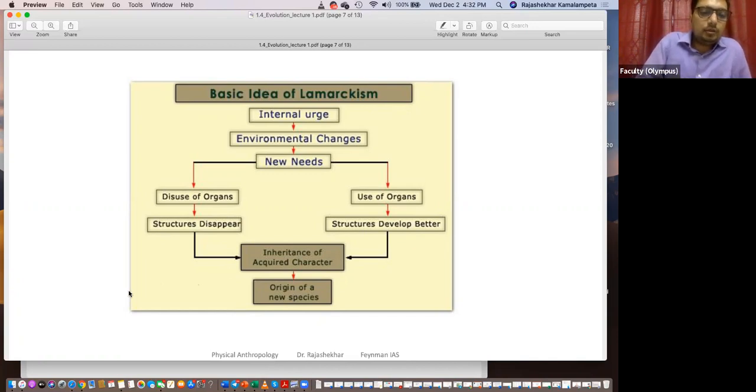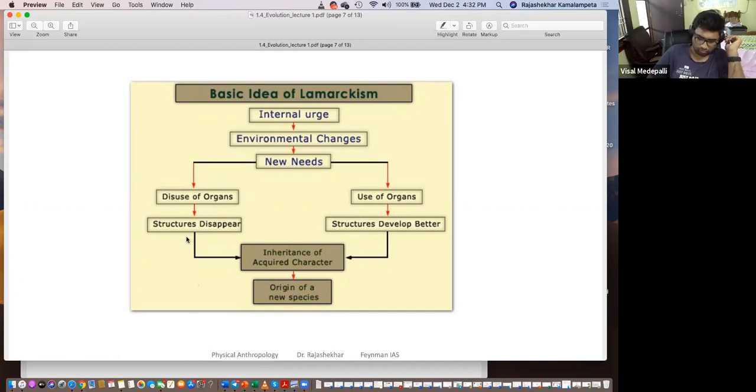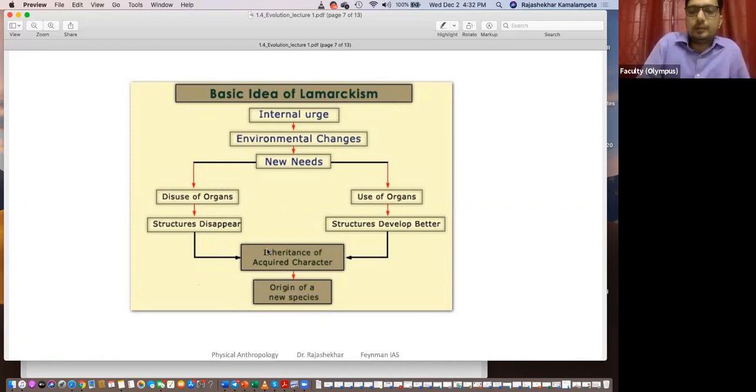It can also take another route, where organs were not needed because of a change in needs. They got disused and became weaker and weaker. They disappeared. And these disappeared characteristics are inherited by the next generation, resulting in new species. I think we have a similar manner for Darwinism as well, but I'm going to explain it.